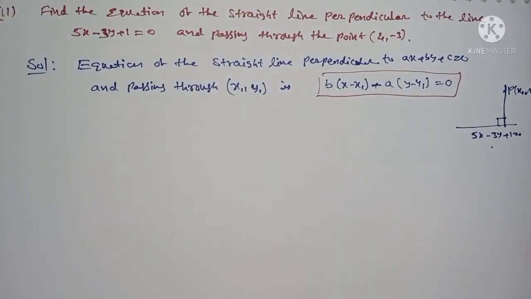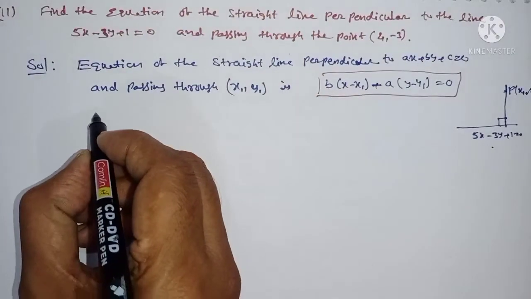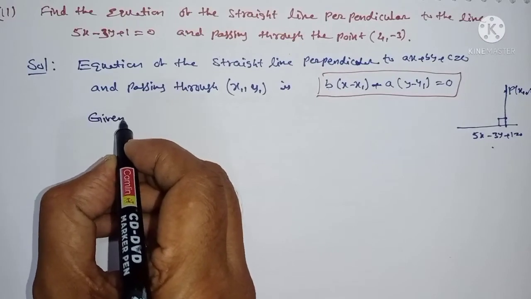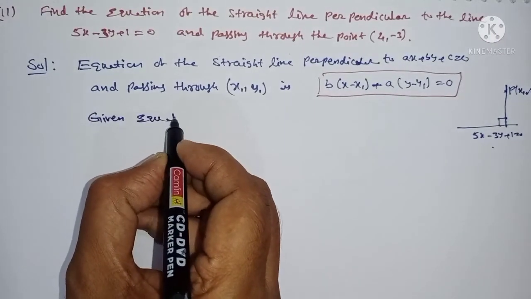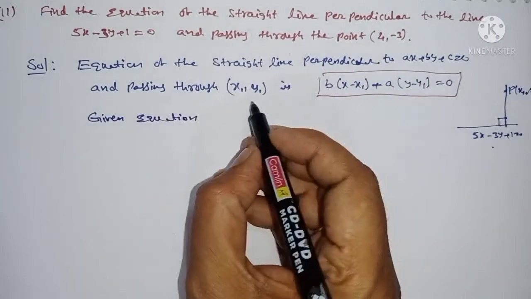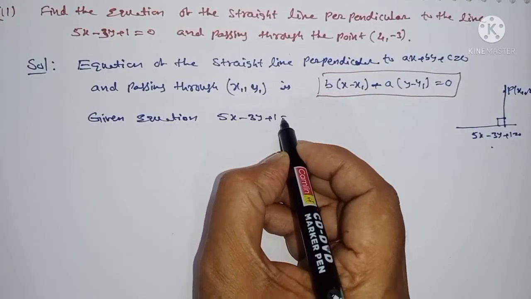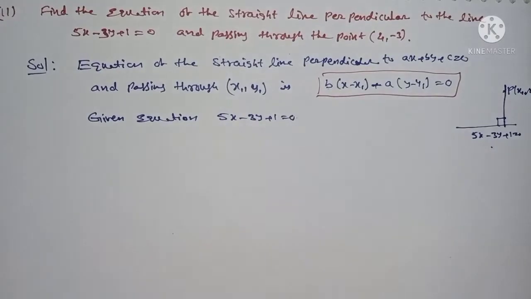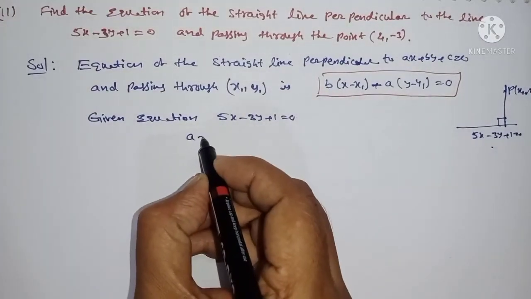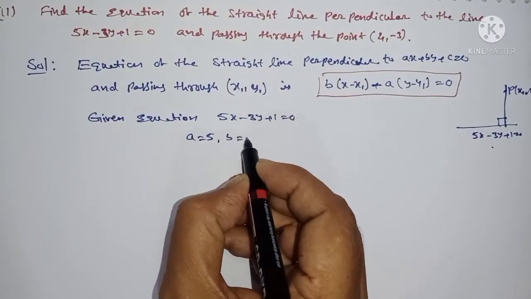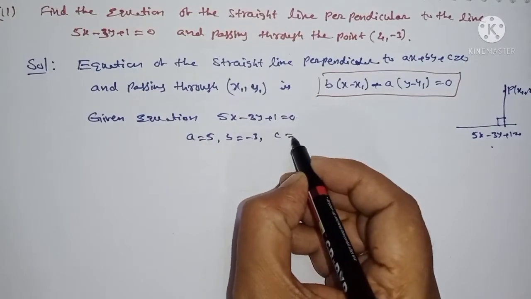This is the formula. Therefore, the given equation is 5x minus 3y plus 1 is equal to 0. Therefore a is equal to 5, b is equal to minus 3, c is equal to 1.